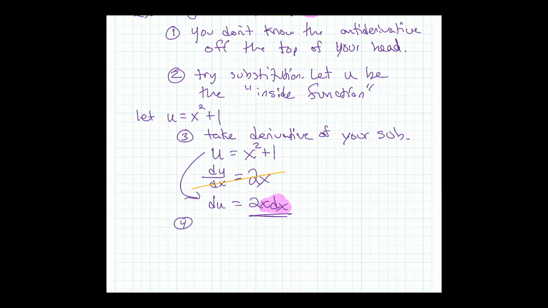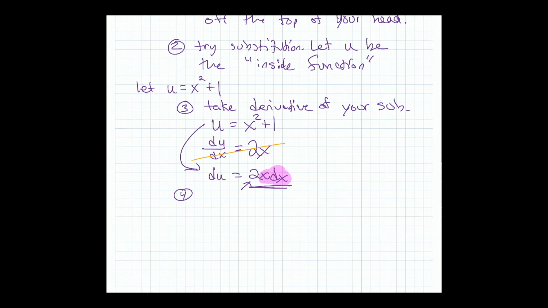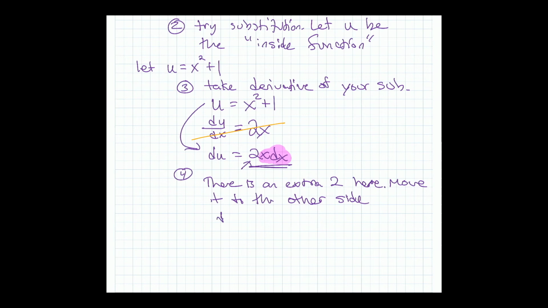But this 2 is extra. So it looks like there's an extra 2. Move it over to the other side. All right. So we're going to have du divided by 2 equals x dx.